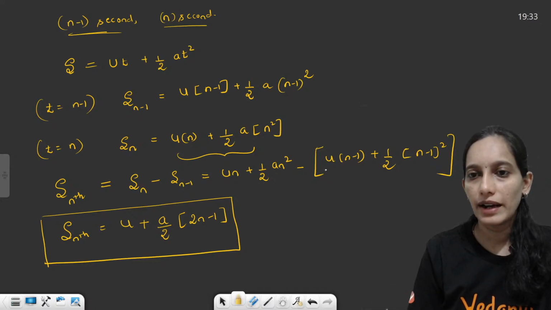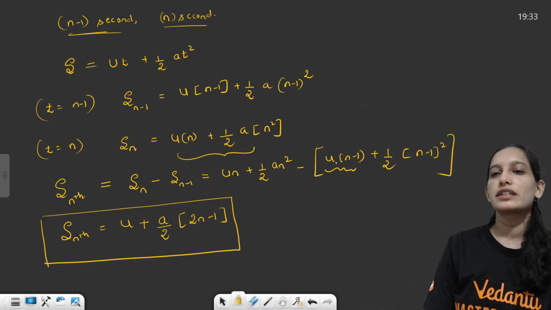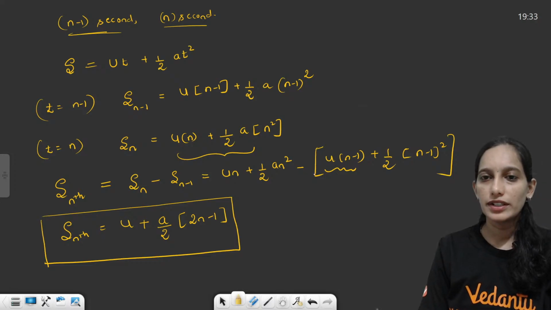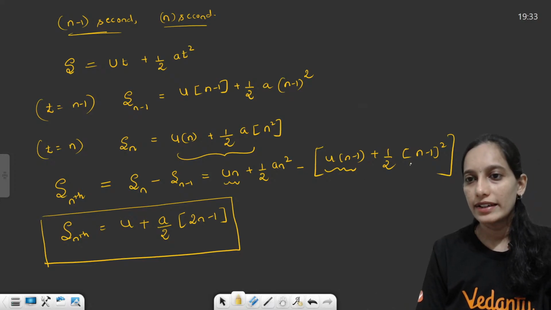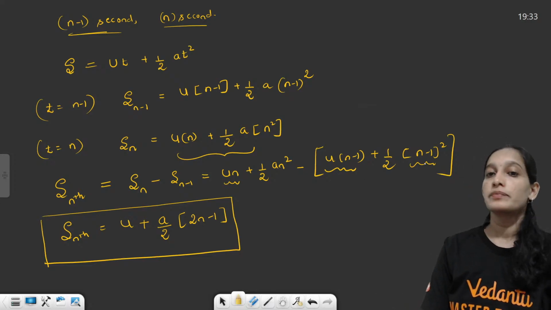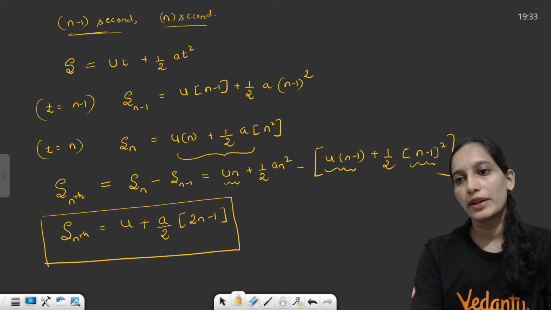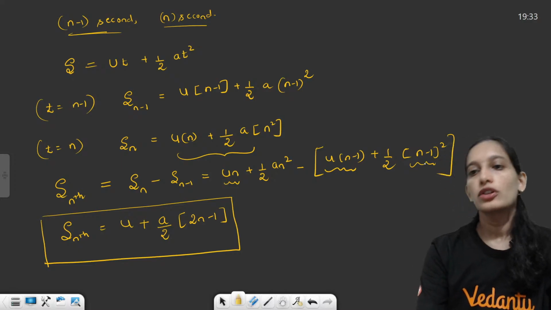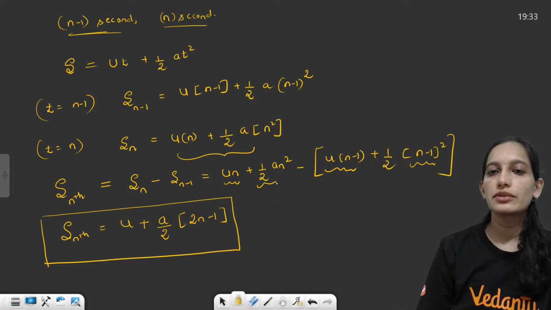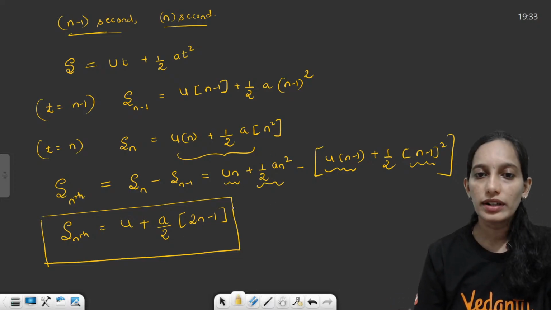Just simplify. Open this bracket here, you get something like un plus u kind of a term. So this minus un, and here one un is there, that will cancel out. Again, the n minus 1 whole square term can be expanded as n square plus 1 minus 2n. Expand that and cancel with the remaining terms. What is left?